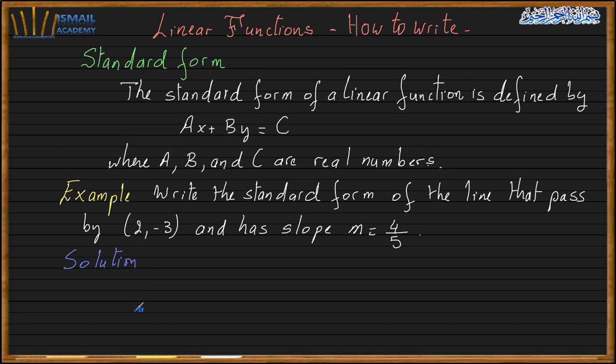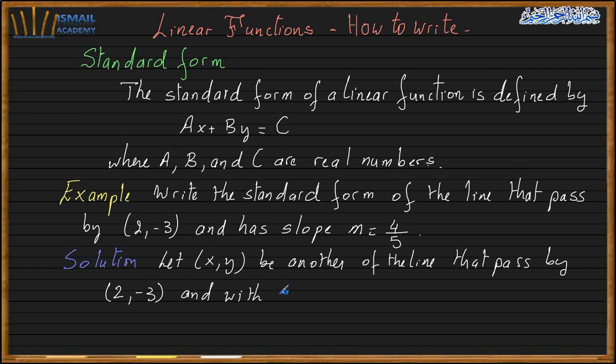So what I do, I'm going to pick another point. Let (x, y) be another point on the line that passes by (2, -3) with that slope.